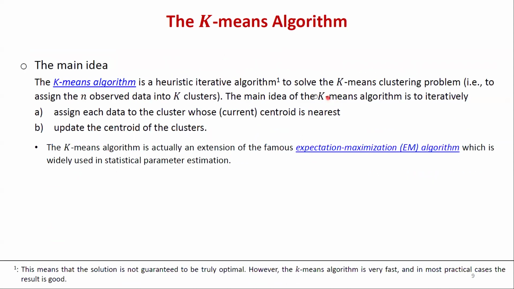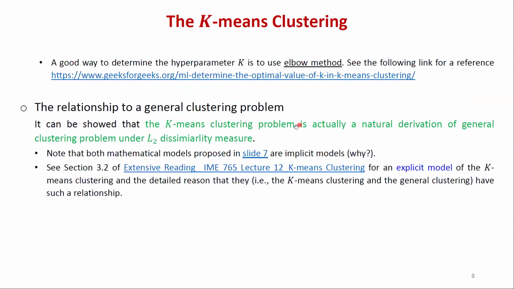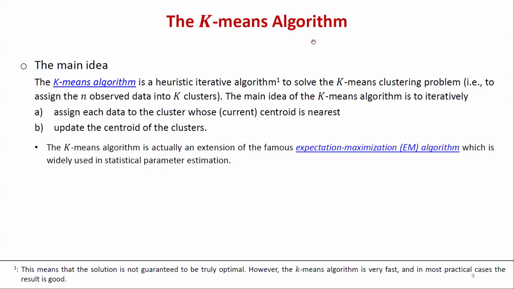Okay, so here we propose the k-means algorithm to solve the k-means clustering problem. First of all, this is a heuristic method. There's no guarantee that the solution is the true optimum. However, it is actually pretty fast, and indeed we can use this method to solve large-scale problems, like millions of data points, no problem at all. It's worth mentioning that it's a special case of the EM algorithm.